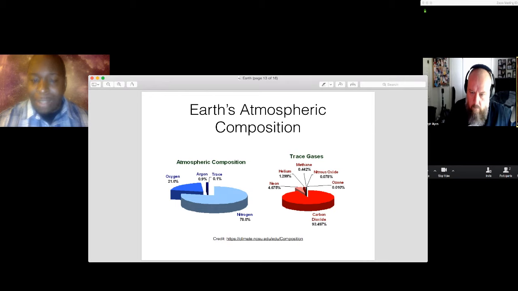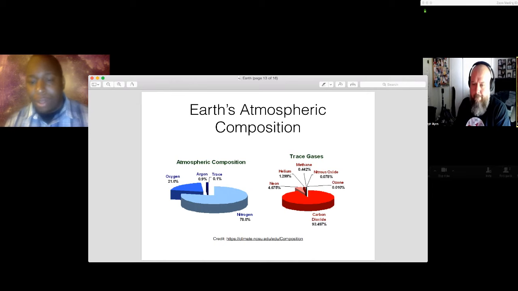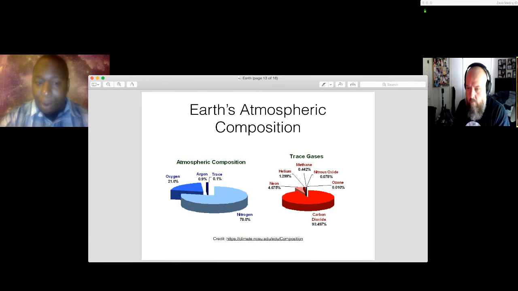One thing that was very interesting about this breakdown of the atmospheric composition is that ozone is, of course, a part of this. But at one point in Earth's history, ozone was not present.